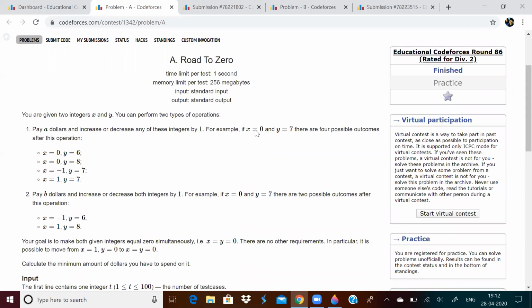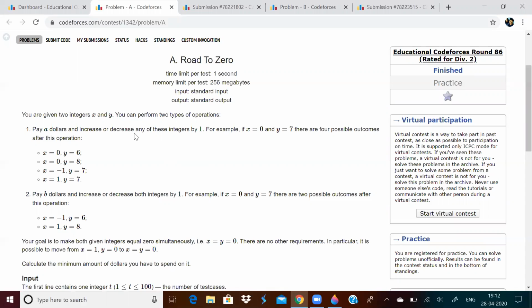Let's discuss problem A. We have been given two integers x and y, and we can do some operations. We can pay $a and increase or decrease any one integer by 1. We can pay $b and increase or decrease both integers by 1.